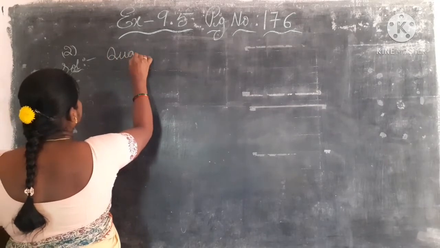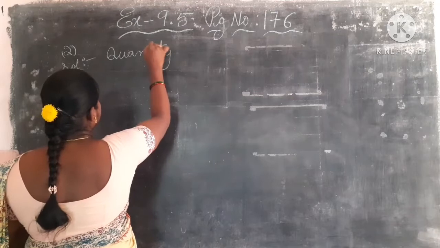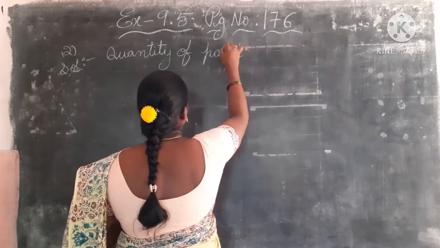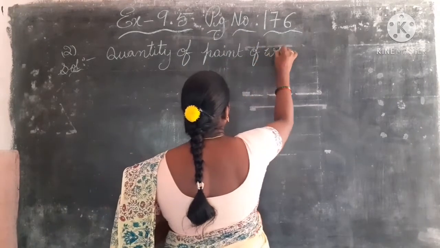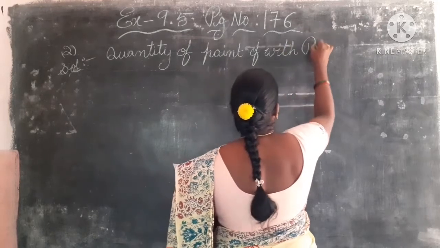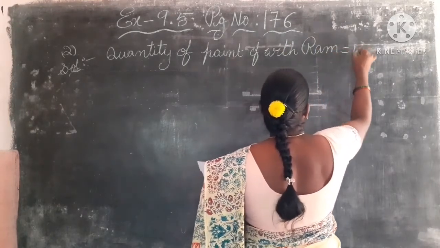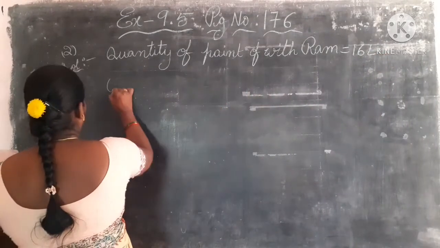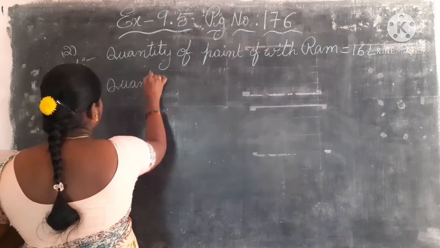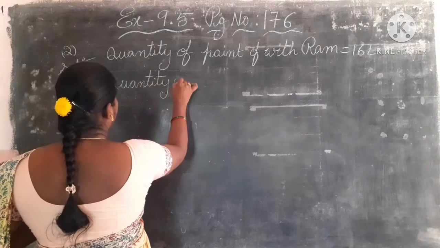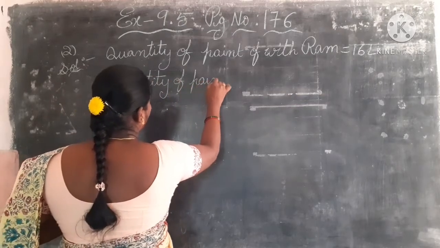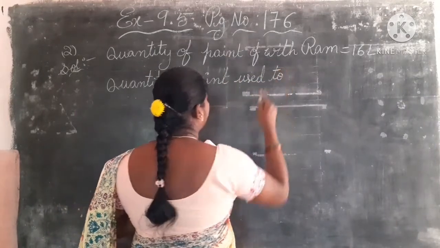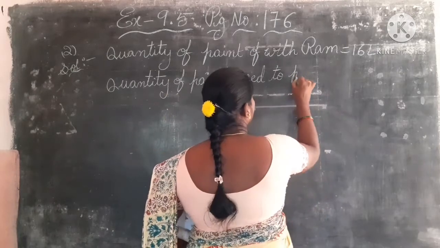Quantity of paint with Ram is equal to 16 liters. Now, quantity of paint used to paint a wall.